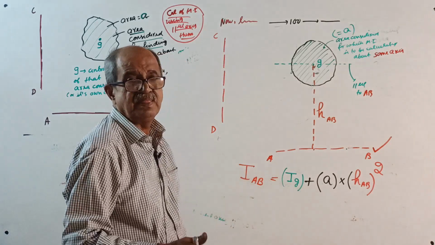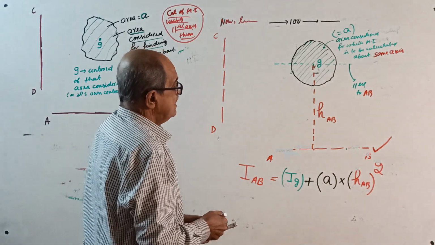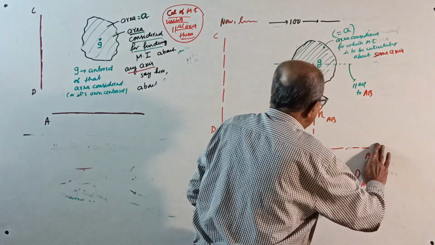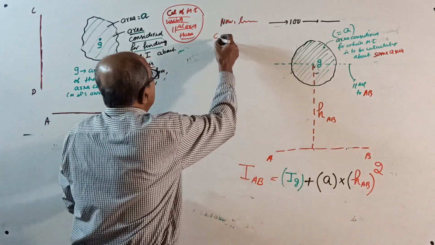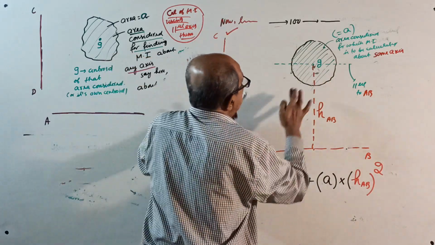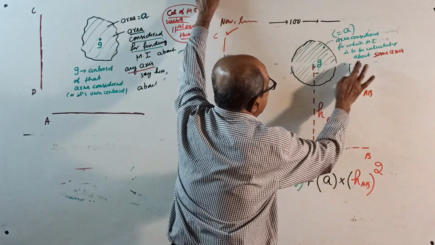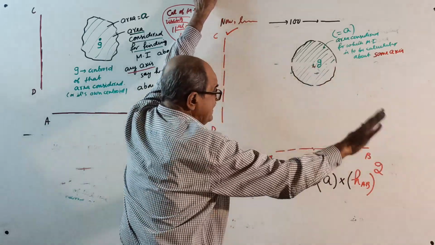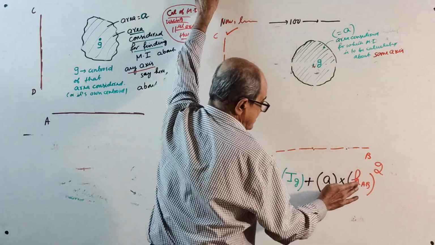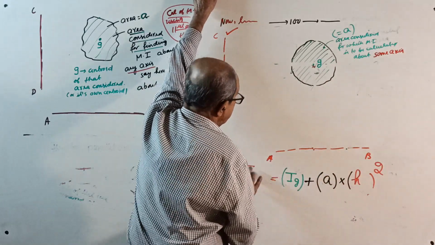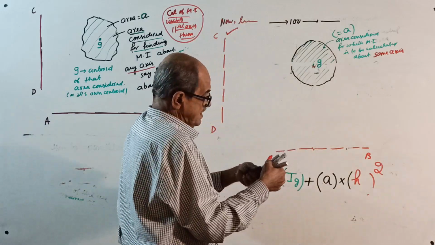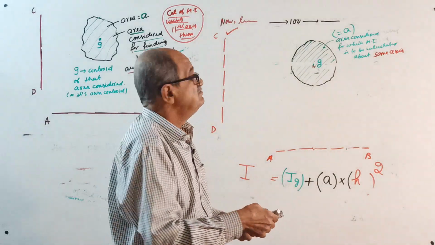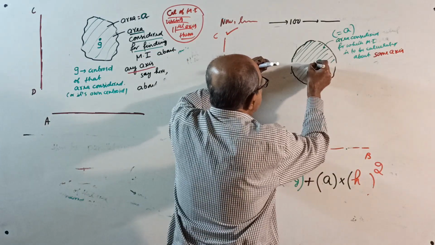Okay. Now, next, he is explaining I about CD. See what to do. Let the AB be there. Now what you do? Once again, take your pencil, come to the centroid.